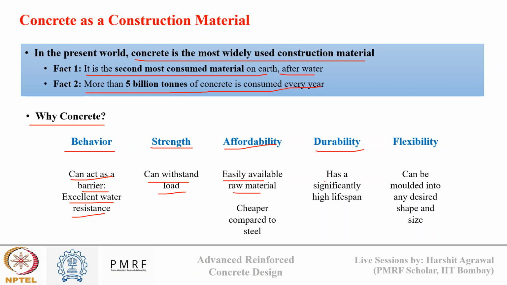Durability, it has a significantly high lifespan which makes it durable. And flexibility, we can mold concrete into any desired shape and size based on our requirement. So these properties make concrete so special and so widely used as a construction material.